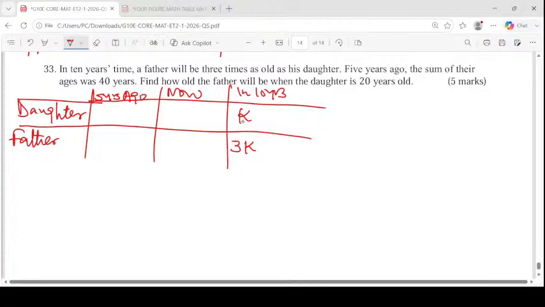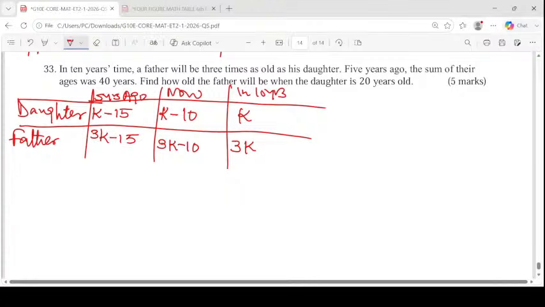If in 10 years this person will be k, now the person is k minus 10, and 3k minus 10. And 5 years ago, this person was k minus 10 minus 5, that is k minus 15, then 3k minus 15.